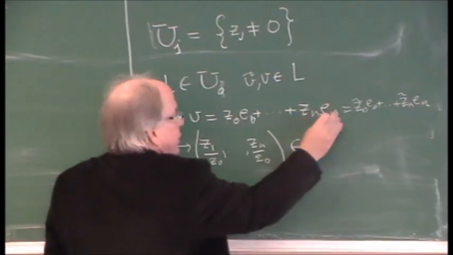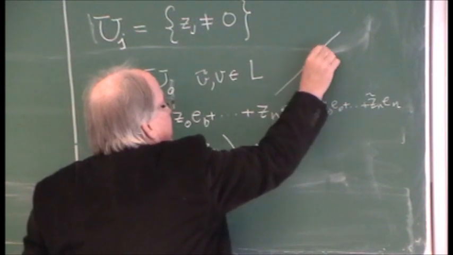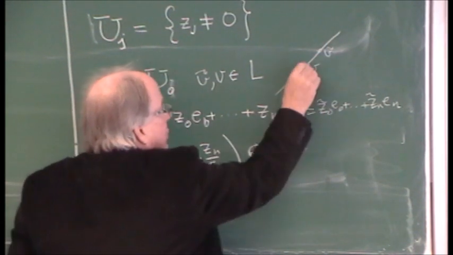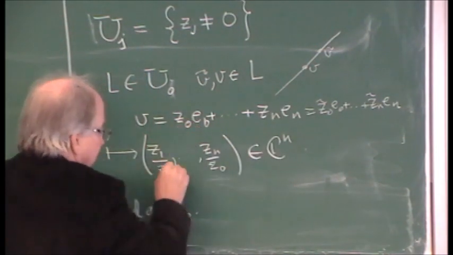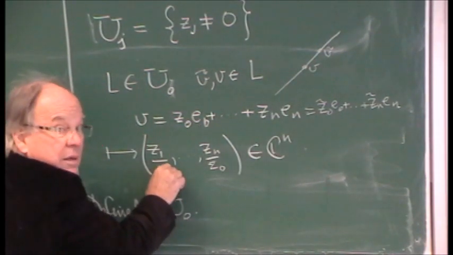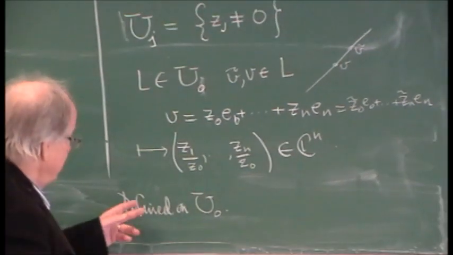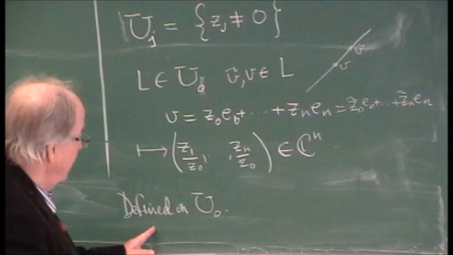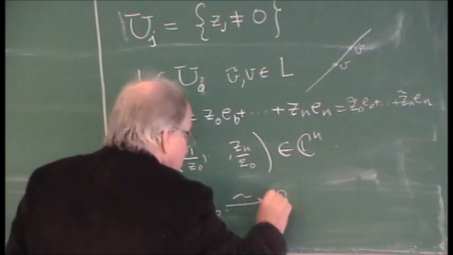These are two different things, but this is a one-dimensional space. Here's v and here's v tilde. The difference between v and v tilde is a multiplicative factor, but I divide it out by z0, and that factor vanishes. It's projective geometry. So this is really defined on U0, and it is a homeomorphism to Cn.